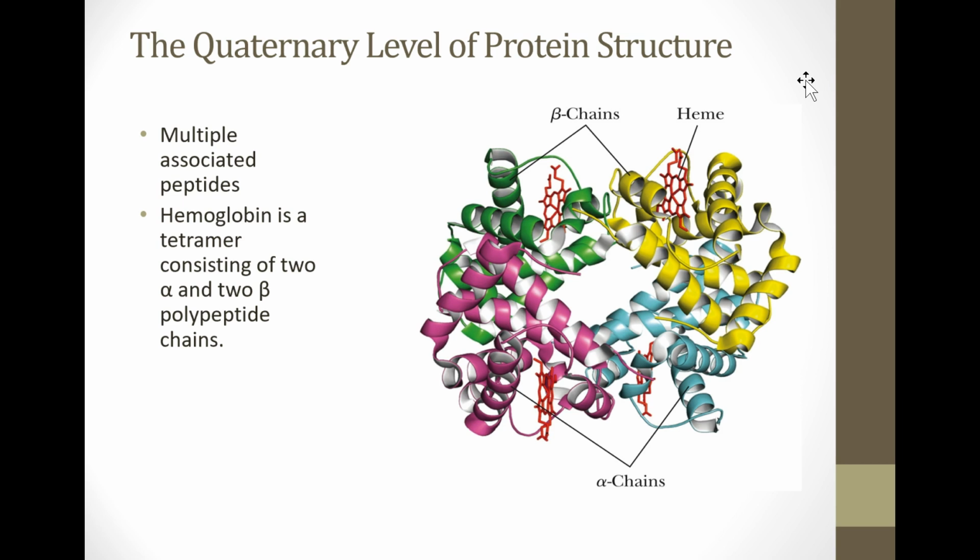So this is an example, hemoglobin. It's a tetramer and it has 2 alpha units and 2 beta units. And we'll go into much more detail about hemoglobin once we've talked about allosteric regulation, because that's really the best place to discuss it. But this is a really nice example of quaternary structure.